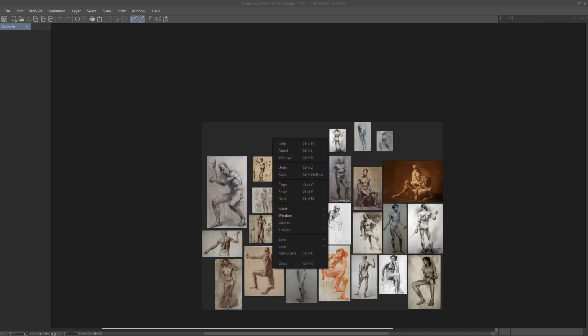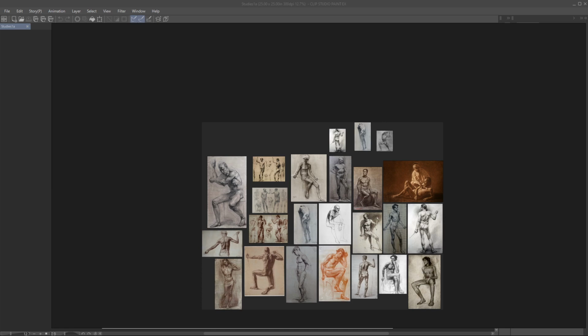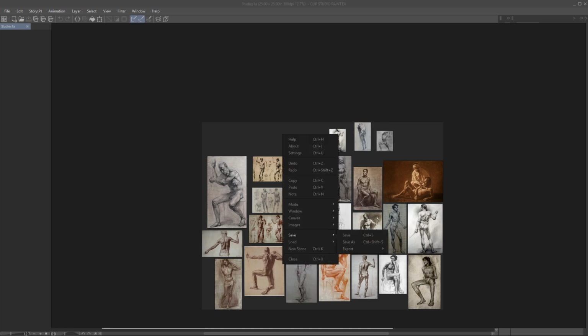And then I can save this. Right here. Oh, there's export. Export is under save. Cool. All images, you can select it. You can do selected images or all images, that's handy.